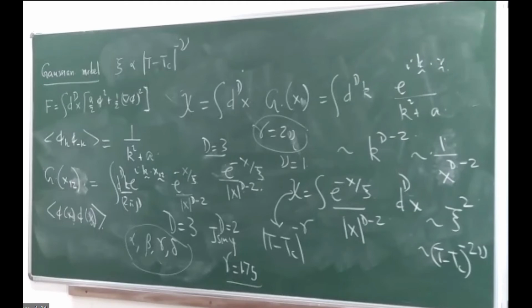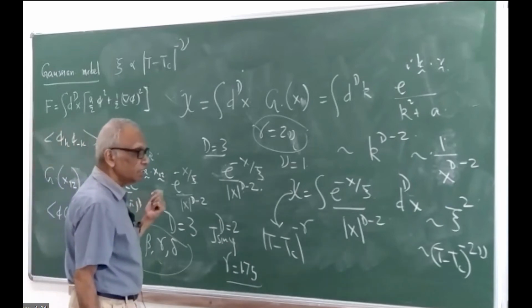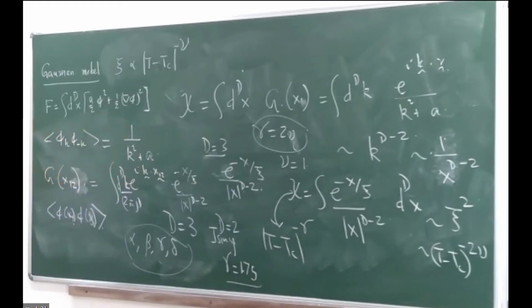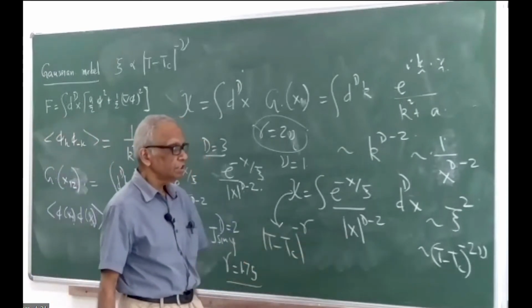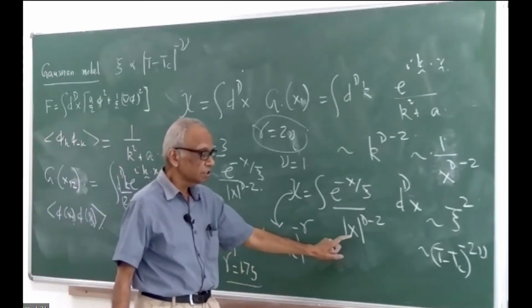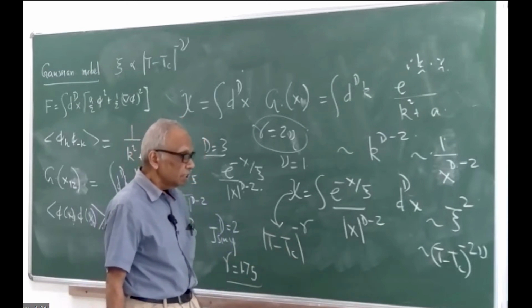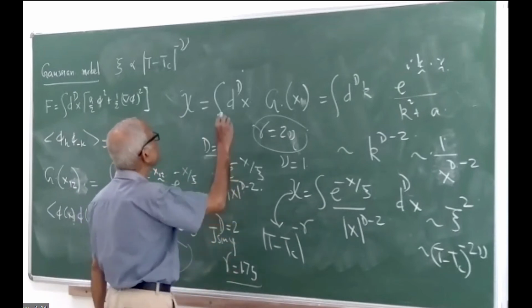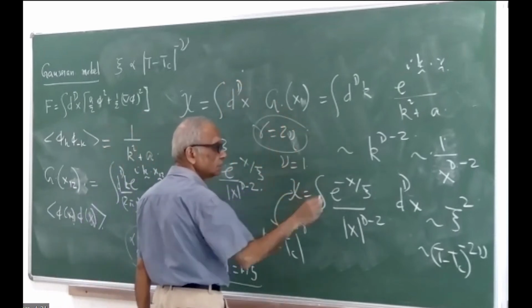So what is missing is an exponent which I have not told you about. If I actually sit at the critical point, at t equal to tc, and look at the correlation function, it does not behave as 1 over x to the power d minus 2.